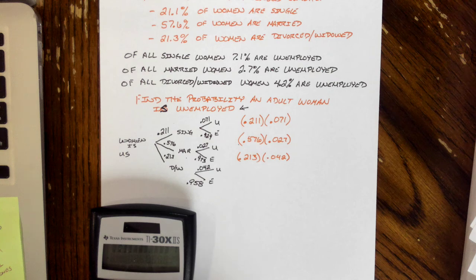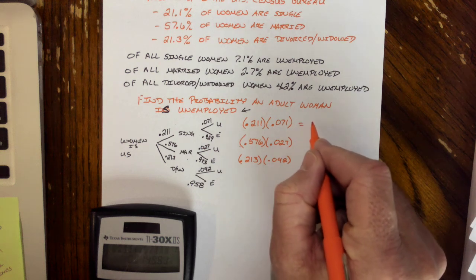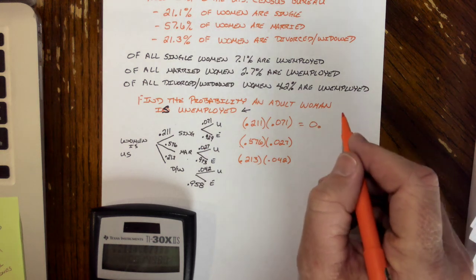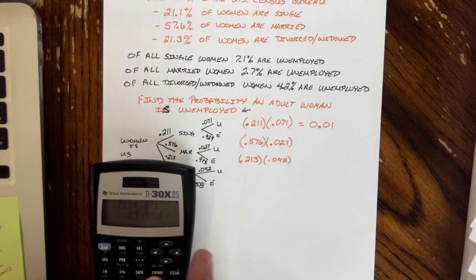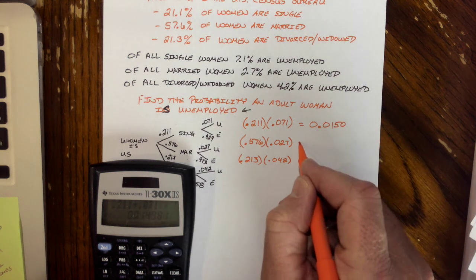So as we look, 0.211 times 0.071. So I'm going 4 decimal places. 0.01, 1, 2, 3, 4, for you fans that forget rounding. Round up, can't keep a 10 here, so I take it up, 0.0150.